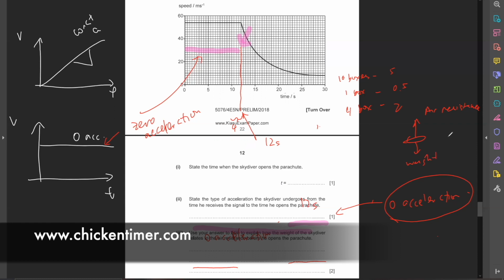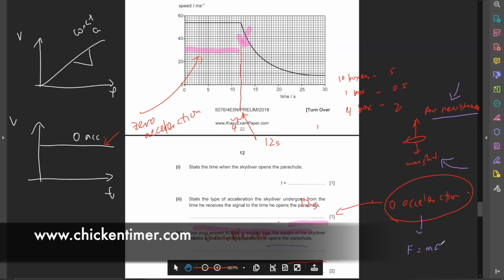So based on your answer, zero acceleration, they want to know the relationship between the air resistance here and the weight of that skydiver before he opened the parachute. And you notice zero acceleration means your Newton's second law, right? You have this.